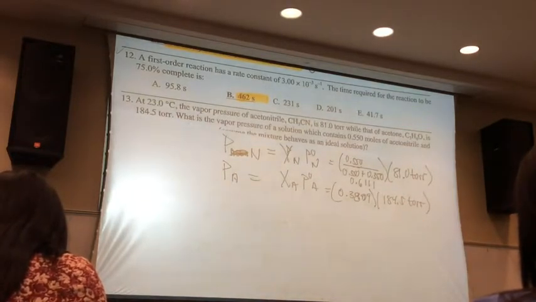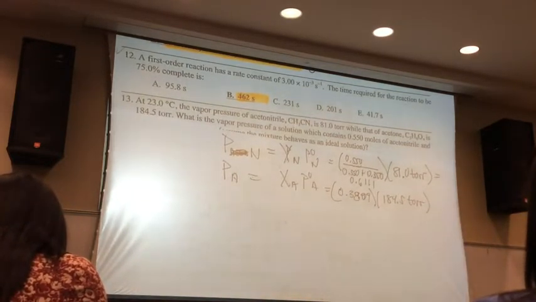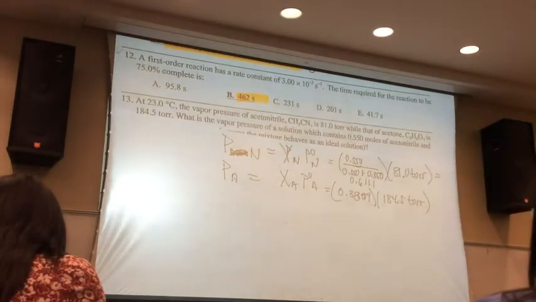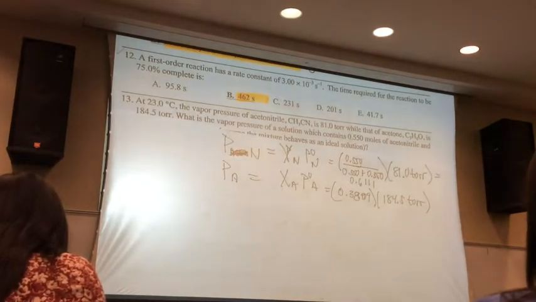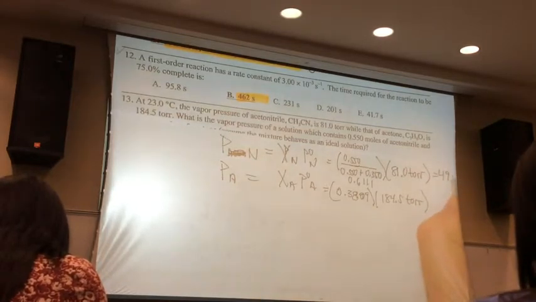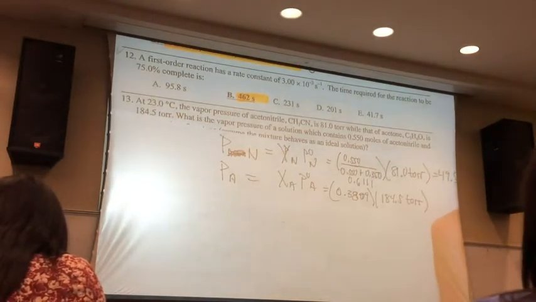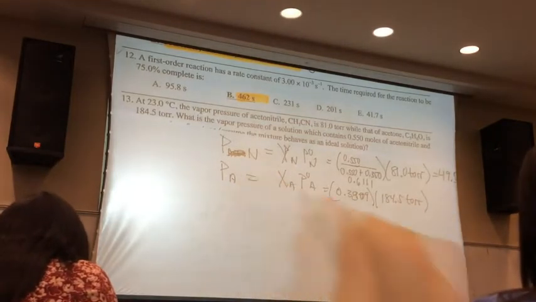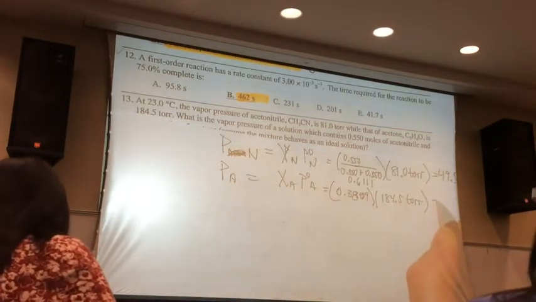All right, so this pressure is going to be 0.6111 times 81, so we have 49.5 torr. That's the partial pressure of the acetonitrile.